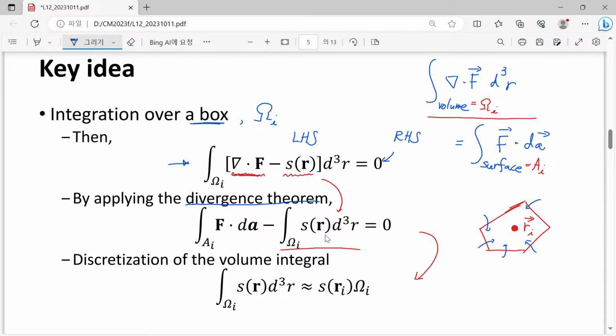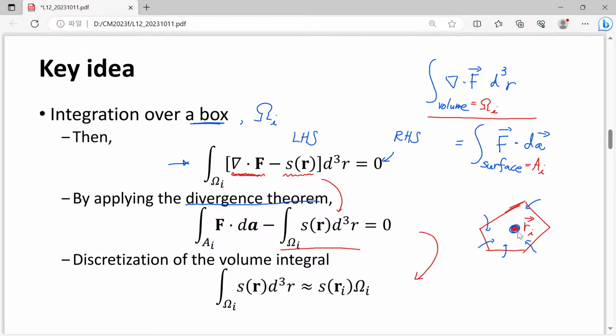However, everybody now understands the only information we can know in this case is just the function value at this position. So instead of fully calculating this volume integral, we just make an approximation.